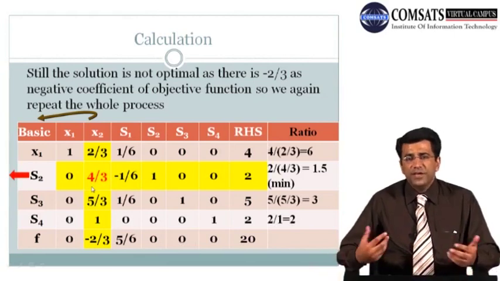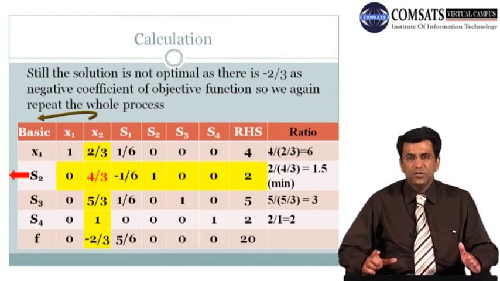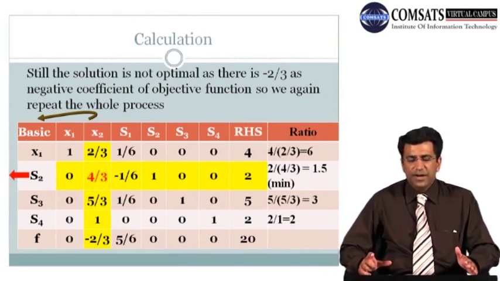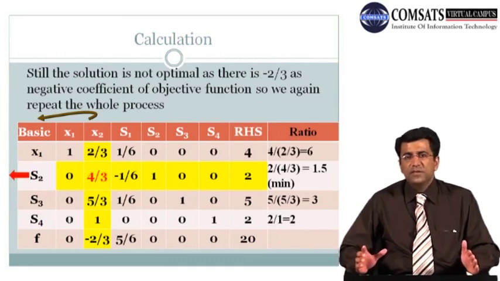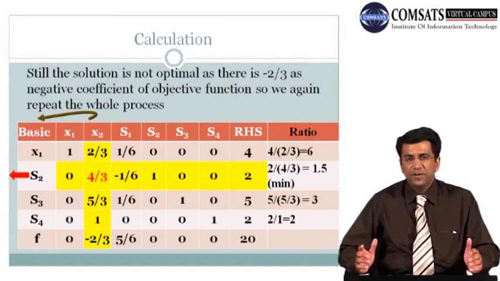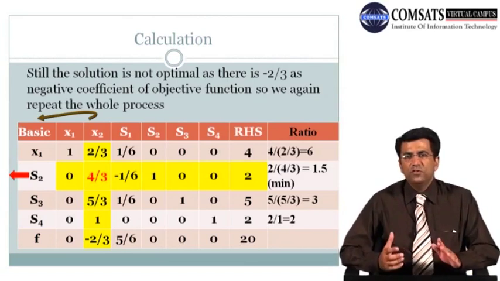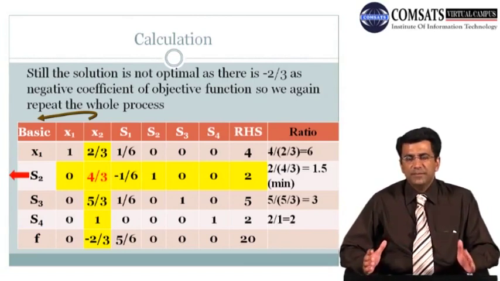So class, I have repeated again and again the criteria for identifying the pivot row, pivot number, and pivot column, and all of these steps are so important that from now onward, when you practice different related questions, all of these formulas and all of these steps should be on your fingertips. If you don't remember these steps and formulas, it will be very difficult for you to solve these sorts of problems.